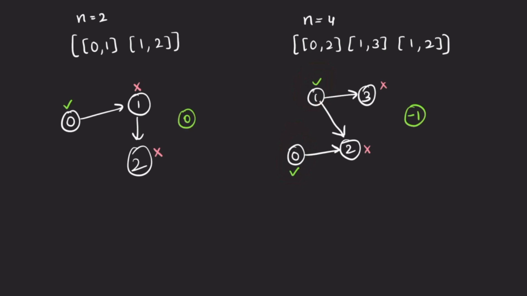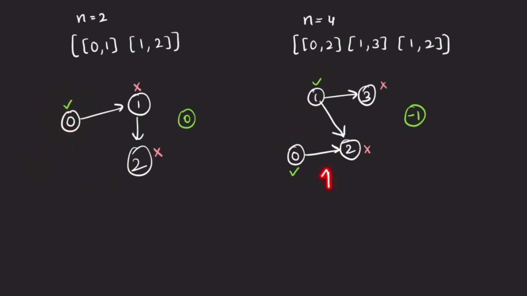So how are we going to solve this? If you closely look at these two graphs, why was node 0 our answer? Because there was no edge coming towards it, right? If there had been an edge that started from some node and came to this particular node, then node 0 would be weaker than that node, and we could not mark it as our answer, right? But in this case, there is no edge coming towards node 0.